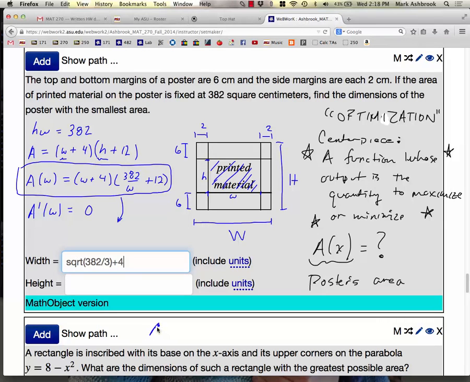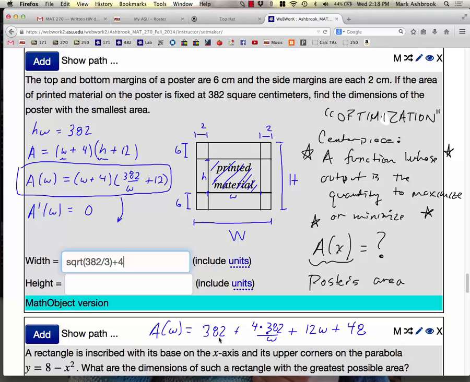Let's multiply it out. So I'm going to rewrite A(W) down here. It's going to be 382 plus 4 times 382 over W plus 12W plus 48. See what I did? So I just rewrote our function, and now I want the rate of change of that, or the derivative of that.